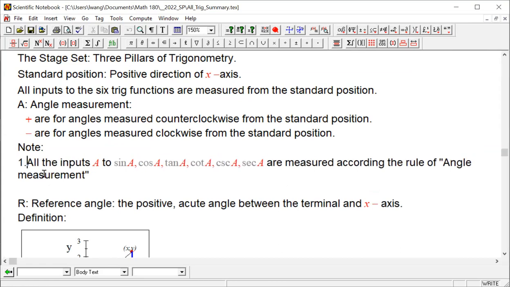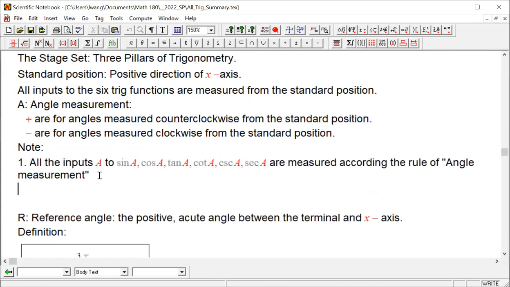Number two, we now understand the outputs for arc sine: arc sine takes a ratio and produces an angle. Arc cosine takes an input ratio and produces an angle. Arc tangent takes a ratio and produces an angle. Arc cotangent takes a ratio and produces an angle. Arc cosecant and arc secant are all the same. They take a ratio and produce an angle.